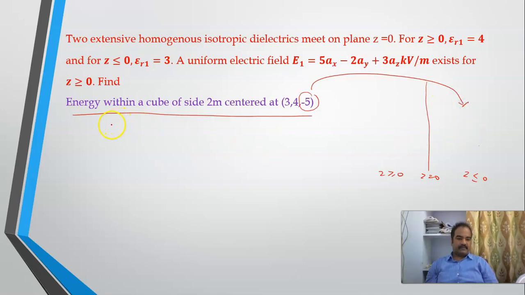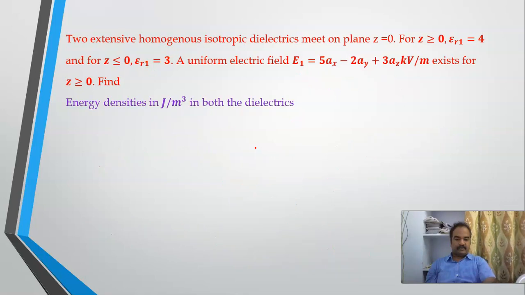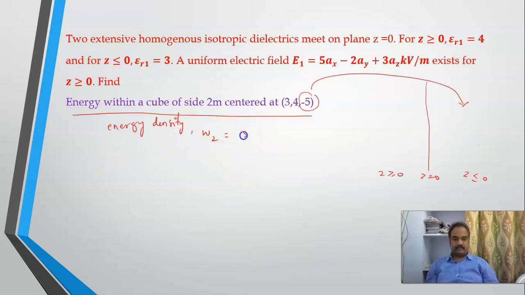So in this region, what is the energy density? The energy density will be small w2, and we have already obtained a value there, 597.375 into 10 to the power of minus 9 J per meter cube.